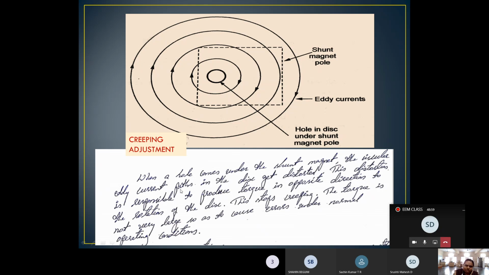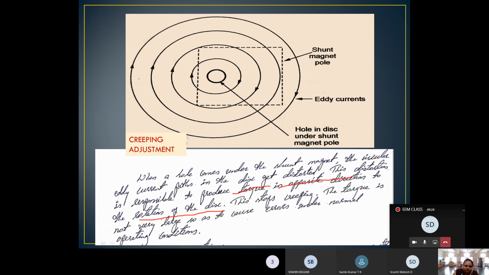This distortion is responsible for producing the torque. Observe here what I told. It produces a torque in the opposite direction to the rotation of the disc. Okay, this stops the creeping.